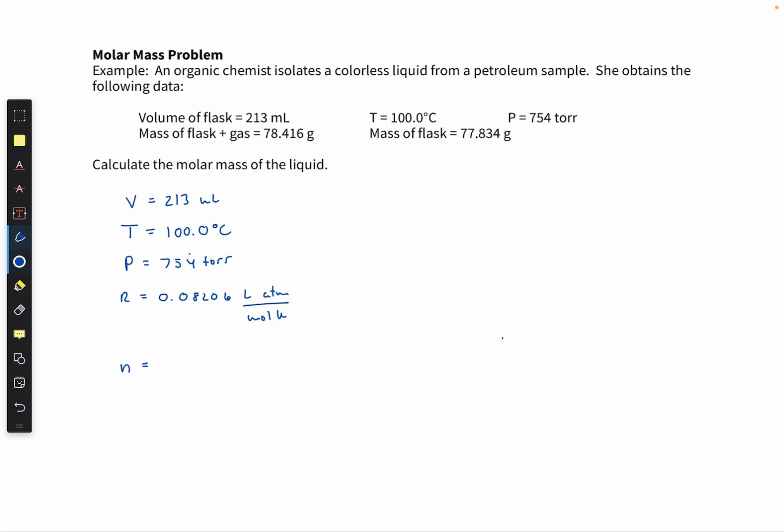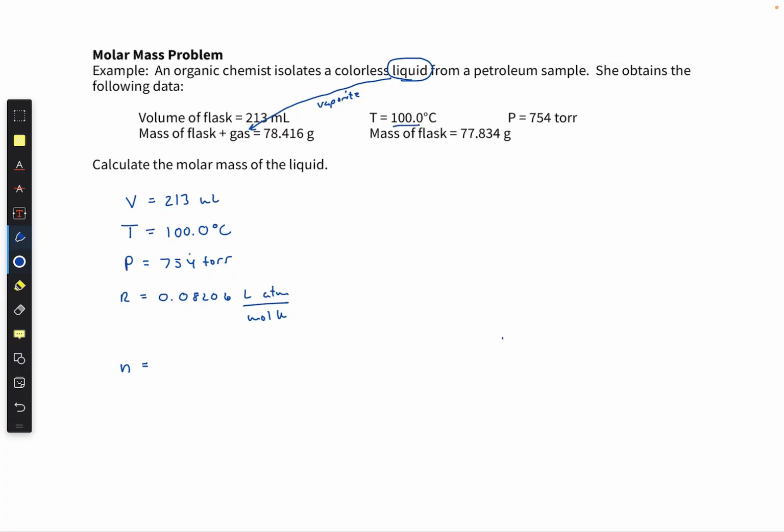We also then have 2 other pieces of data. We have the mass of the flask plus gas, and we have the mass of the flask presumably empty. And so from that, we can get a tare mass. What you have to assume in this problem is that we're taking this liquid and we're heating it. So there has to be a vaporization process that happens here where we vaporize the liquid into a gas.